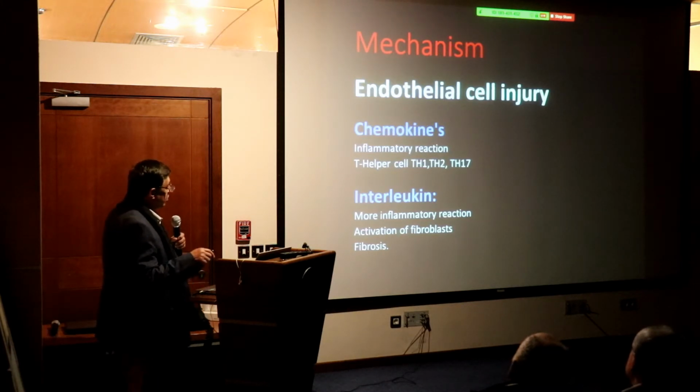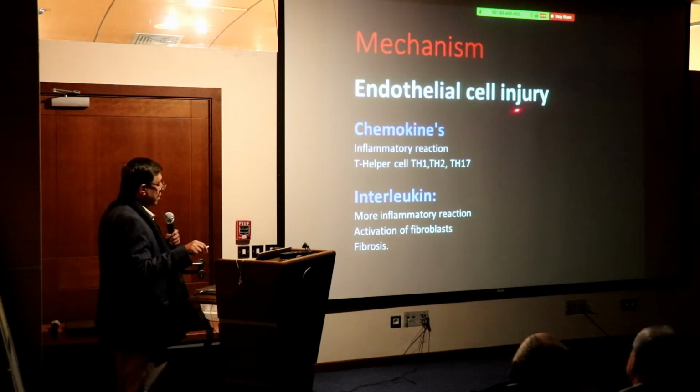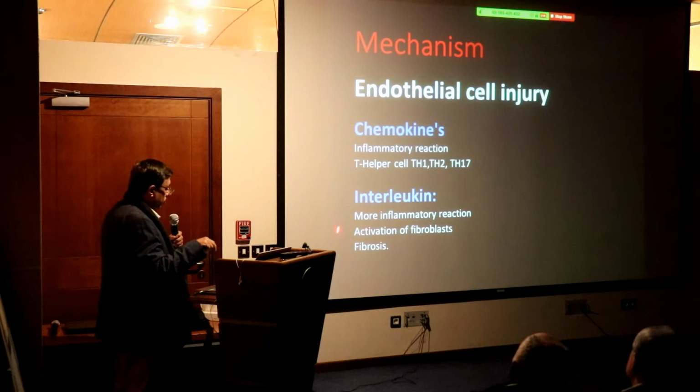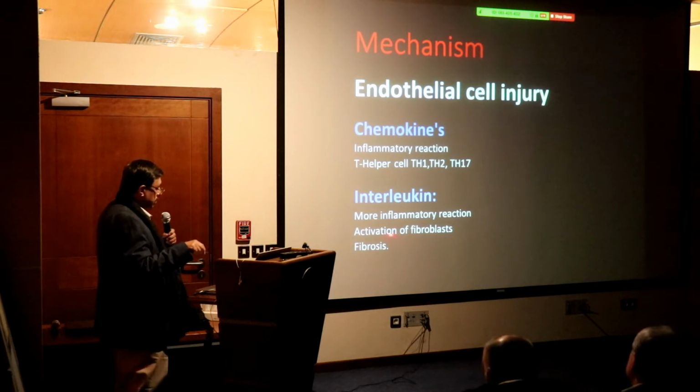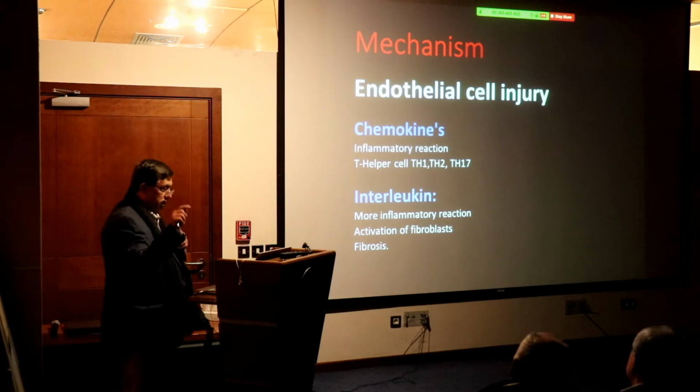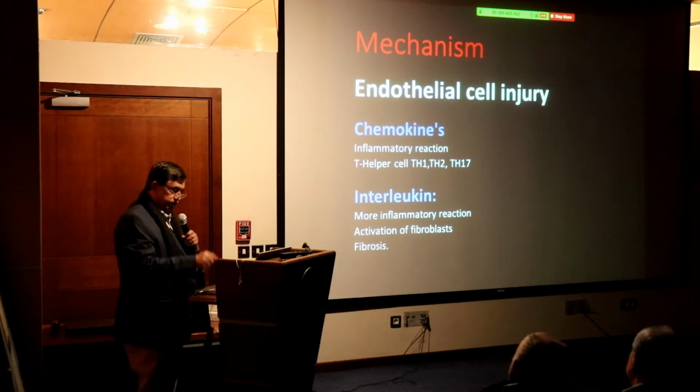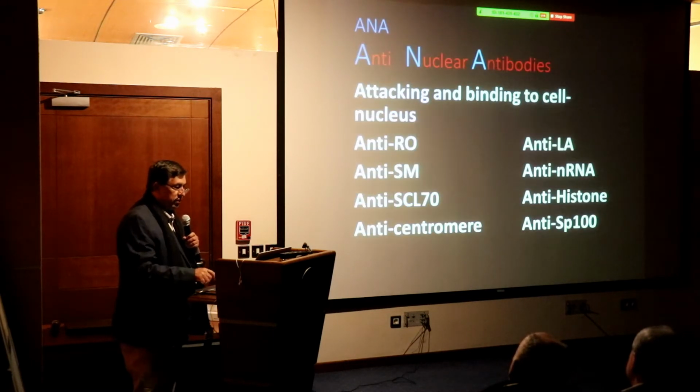It causes endothelial cell injury, which secretes chemokines and interleukins, and these produce an inflammatory reaction using T helper cells. The interleukins also aggravate the situation, and then we activate the fibroblast. That's why the name is scleroderma, because it is made of fibroblasts.